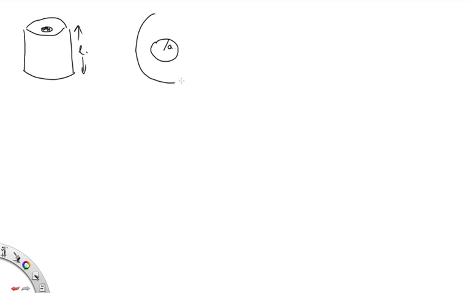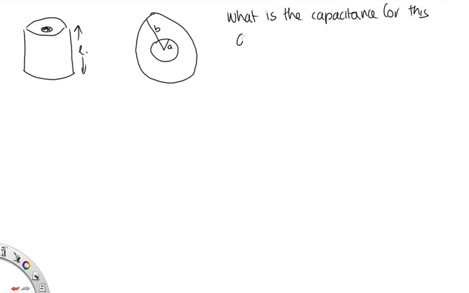Let's consider the situation where we have a hollow pipe of length L, and inside that we have a solid cylinder also of length L. Looking from on top, the inner cylinder has a radius A, and the outer cylinder has a radius B. The question is, what is the capacitance for this arrangement?